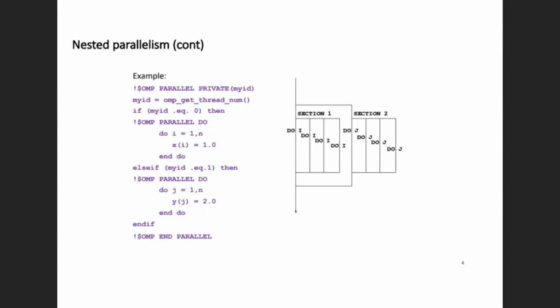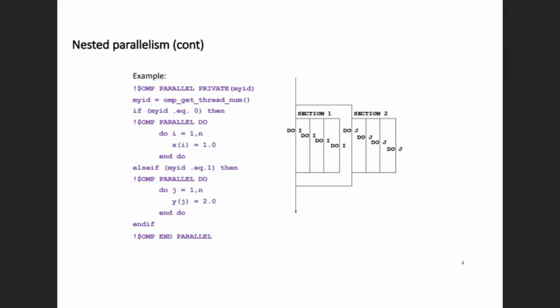So what you could do is have an outer parallel region, and I'm going to arrange for that to have two threads because I've got two separate loops. There are multiple different ways to set the number of threads in nested parallelism, so I will cover those, but for the moment, let's just gloss over that and assume that I've arranged for the outer parallel region to contain two threads.